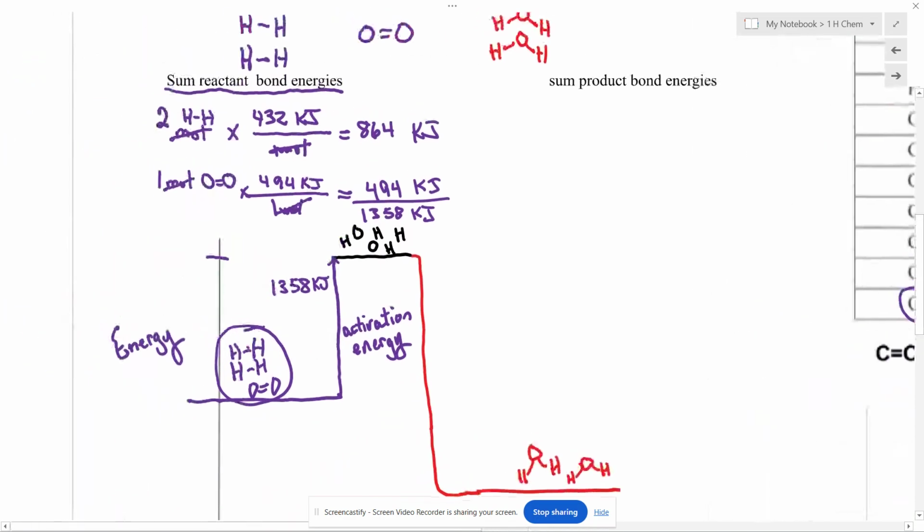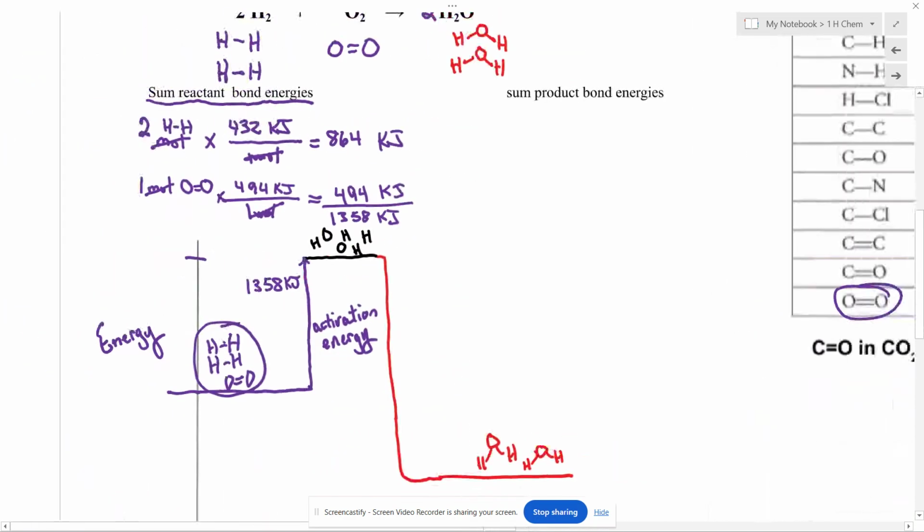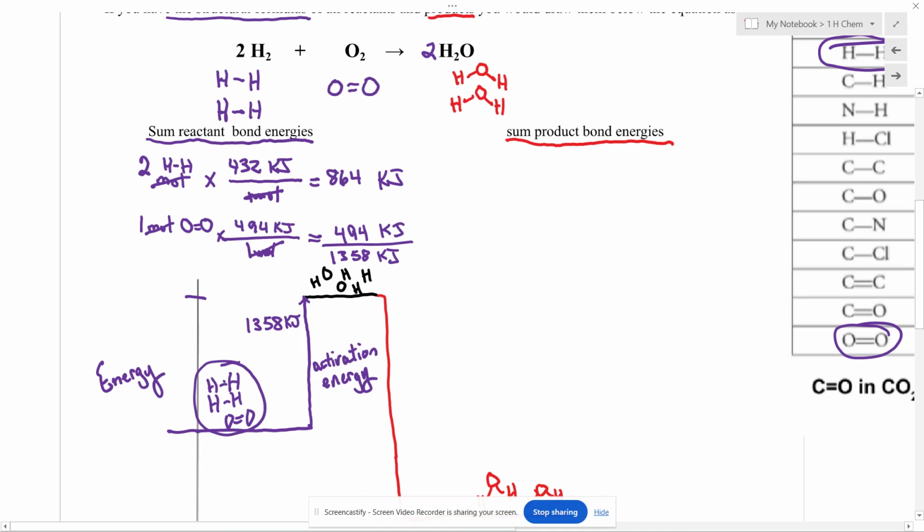I'll quit jumping around here on the graph quite so much. Here we are back on your paper. The thing we're going to do next is we're going to find the sum of the product bond energies. The sum of the product bond energies is going to be these 4. I'm going to write it like this, 4 moles of this bond that's hydrogen to oxygen, single bond.